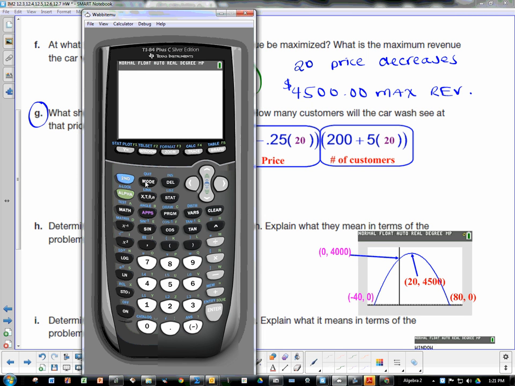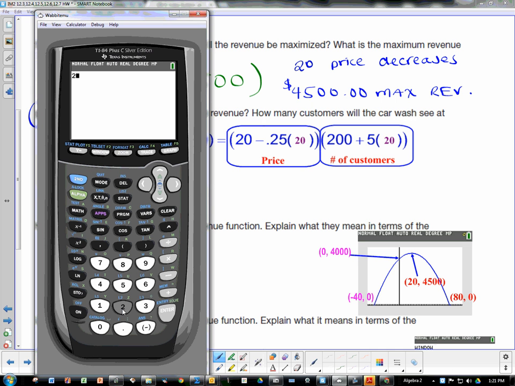That's going to be 20 minus 0.25 multiplied by 20. That's going to be 15. So there's your price that's going to produce the most revenue.